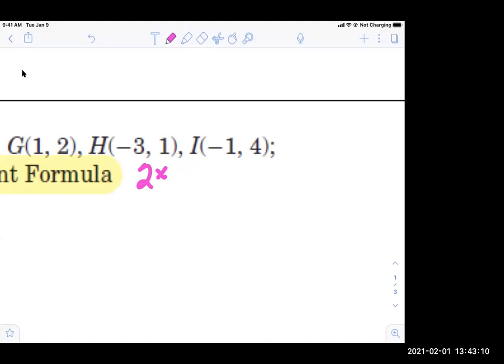The 2 parallel sides. Okay, when you do midpoint, you're not doing a midpoint here and here, and you're not doing a midpoint here and here. What do you think midpoint of?